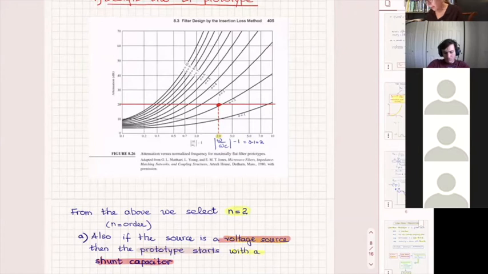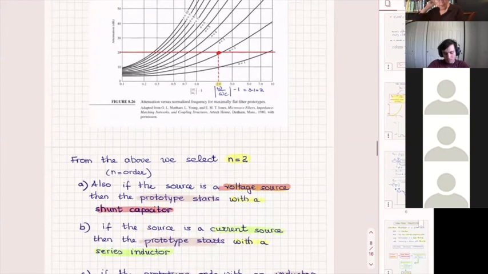So it's going to be 3 minus 1 is 2. So I have to go to number 2, draw a vertical perpendicular line, and then draw a horizontal from 20 and find what section goes the closest to that point. And since I don't try to go to many sections for no good reason, and because I'm very close to 20 dBs with something very close to 2, I say I'm going to select n equals 2.